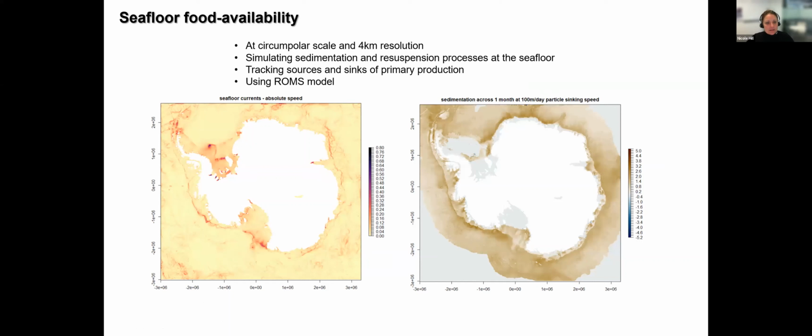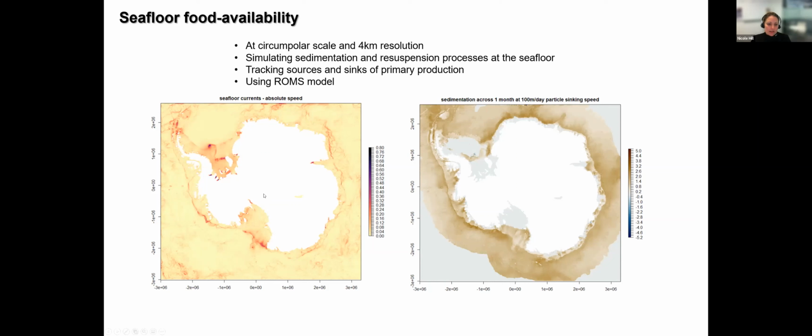And in this, once we're expanding it circumpolar, we're also updating some of the sedimentation and resuspension processes that are occurring at the seafloor. This is work that's happening in collaboration with Ben Gouten Fenzi, and also tracking sources and sinks of primary production.